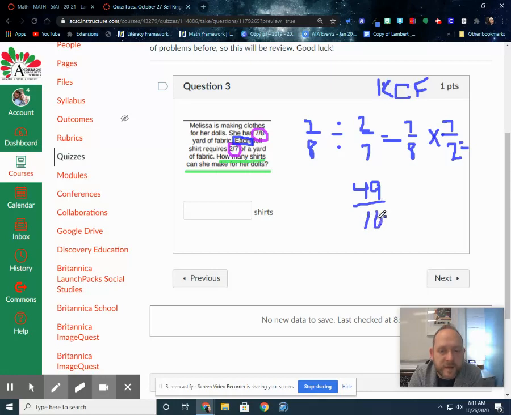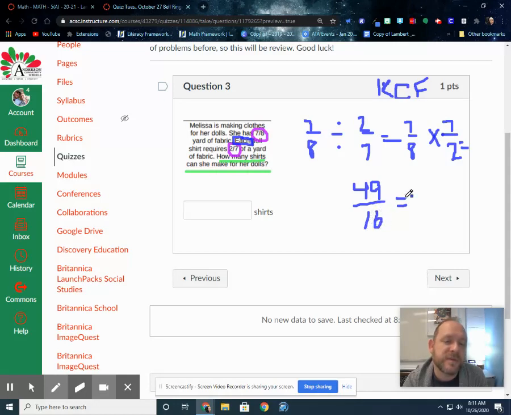Now, these numbers are both pretty large, which means I can take pieces out of this. So the first thing you've got to do is figure out how many times we can take 16 out of 49. Those would be complete groups of 16, which would give us a whole thing. I happen to know right off the top of my head that 32 is one option.